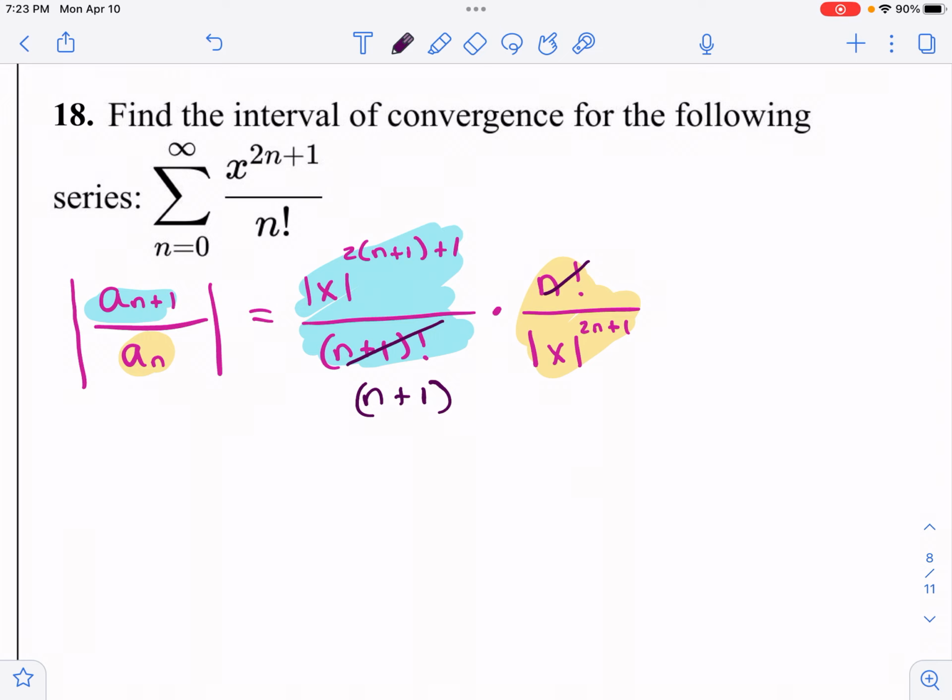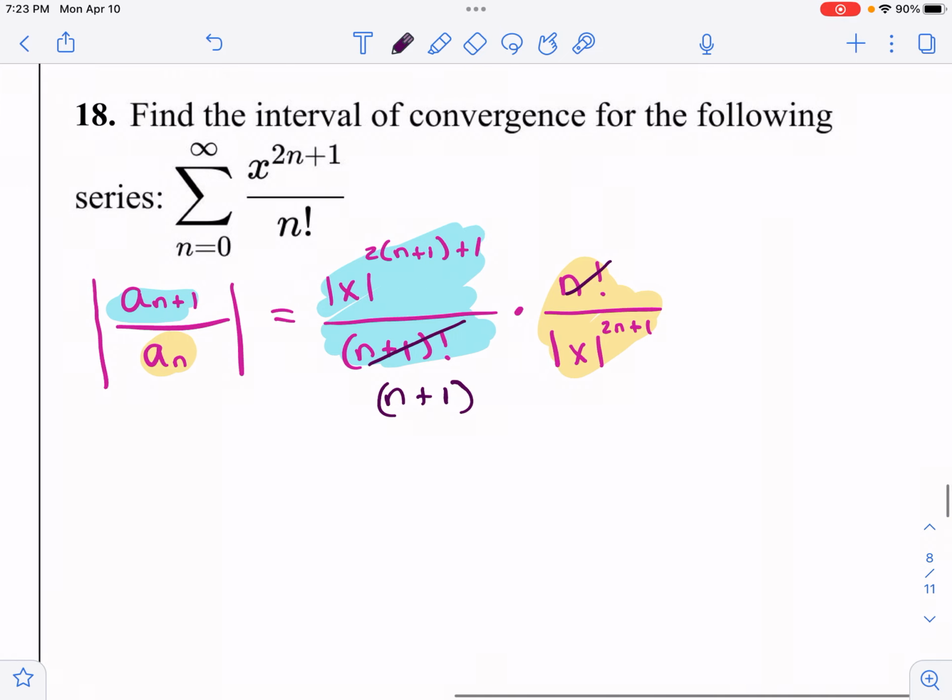Be careful here. Let's go off to the side maybe. The numerator here, once you distribute, becomes absolute value of x to the 2n plus 2 plus 1, so 2n plus 3, right? And then I've got absolute value of x to the 2n plus 1.